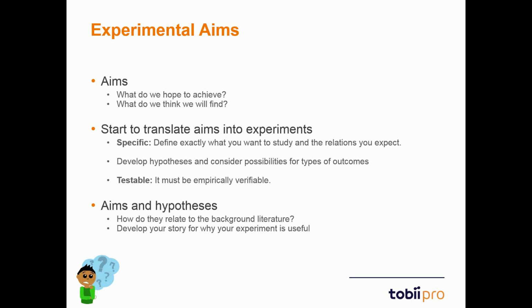The general idea is that they are, on a general level, what you'd like to achieve and what you'd like to find. Given that you have these aims, you translate them into specific testable hypotheses that say something about the world.